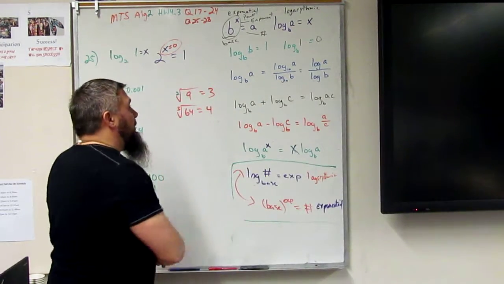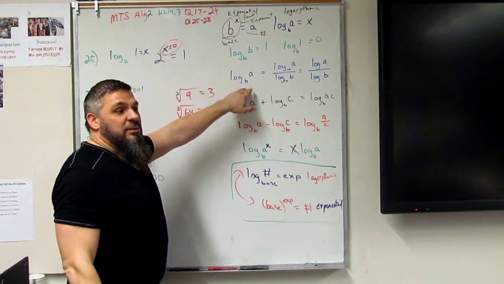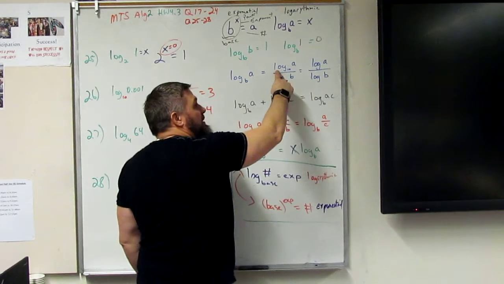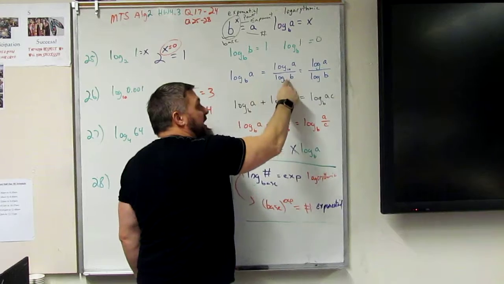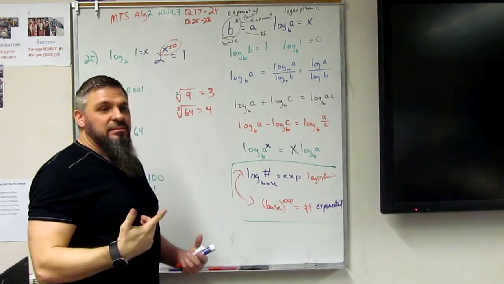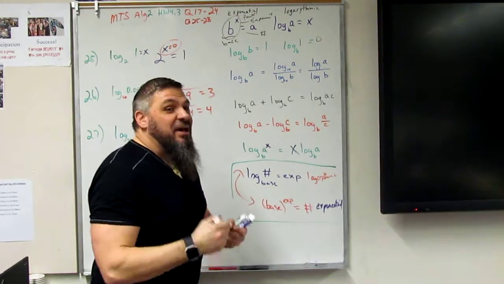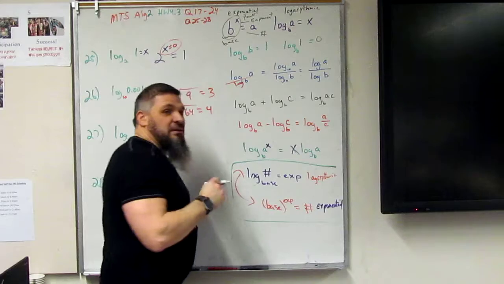So there's a rule that we use here. If we want to have a log of a number with a different base, then we divide the log of that number at base 10 by the log of the base at base 10. And we call it log A over log B. I like to call it slide in the line, draw in the log.